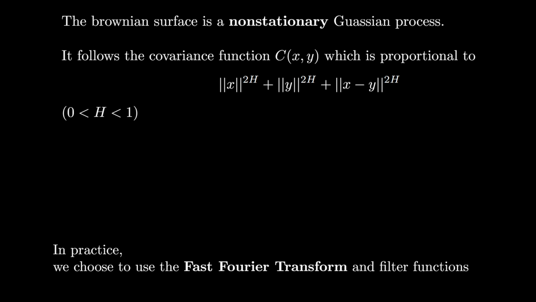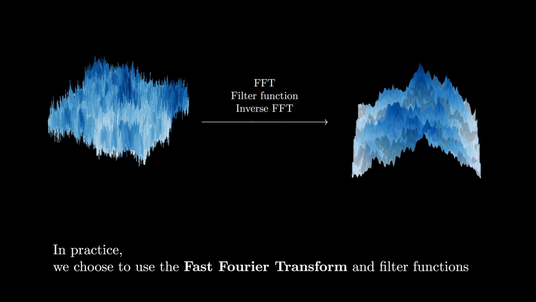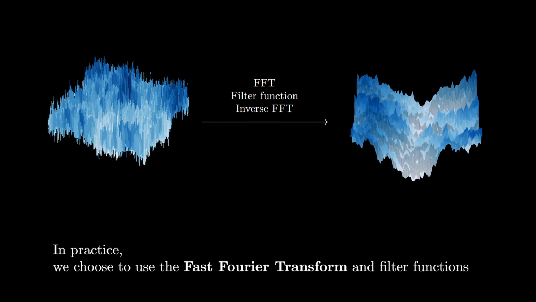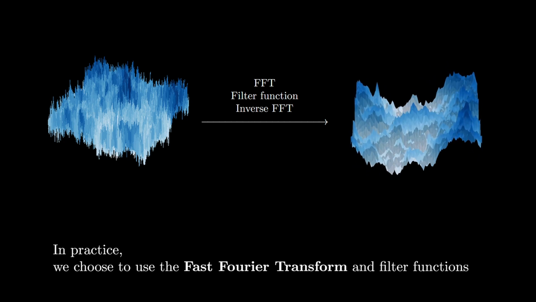Now let's see how this is implemented in practice. We use a fast Fourier transform, or FFT, filtering algorithm, one of many possible algorithms. The algorithm begins with white noise where all frequencies are equally represented. Then, a discrete Fourier transform is applied, transforming the noise into the frequency domain.